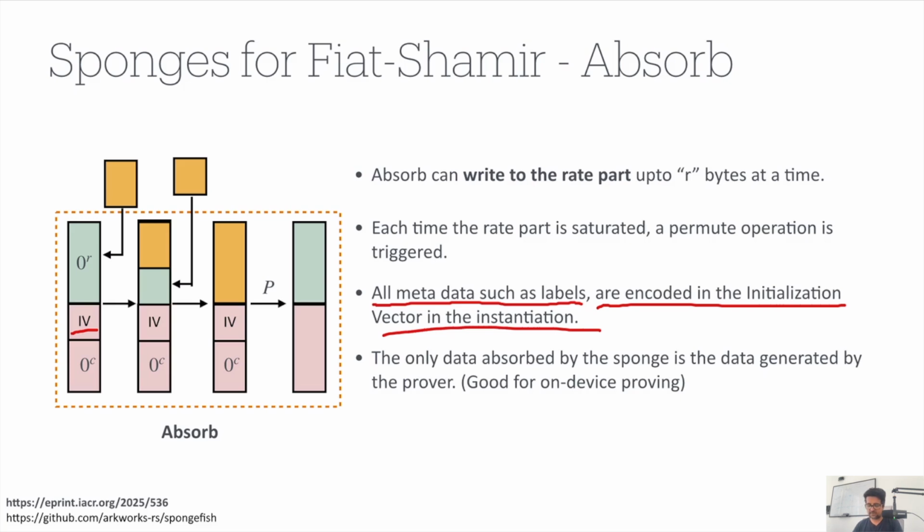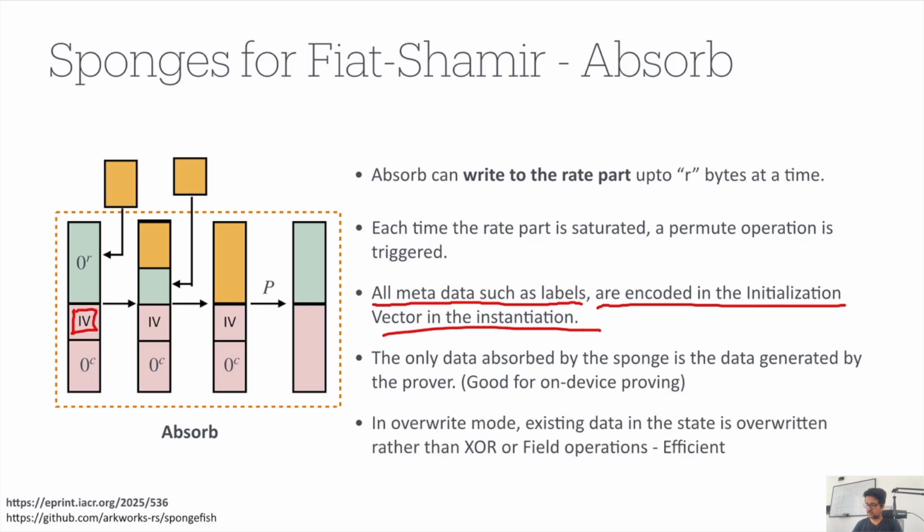For example, in the Schnorr protocol, there may be some metadata such as labels. We don't need to include them every time we send a value for absorb in the hash. What we do is include all the metadata in the beginning, in the initialization value, and what we actually include in the sponge at any given time is the actual data generated by the prover.